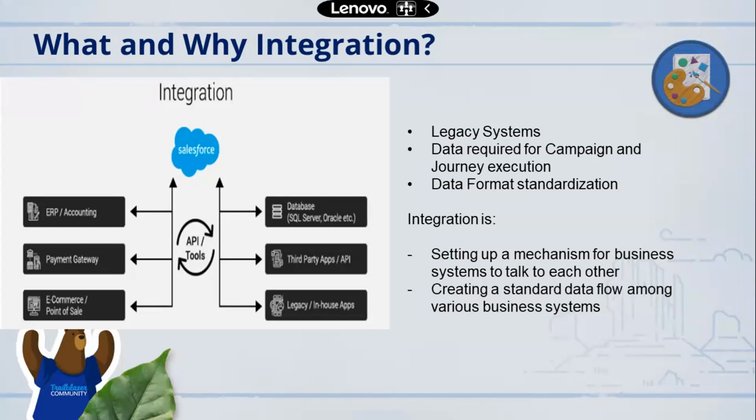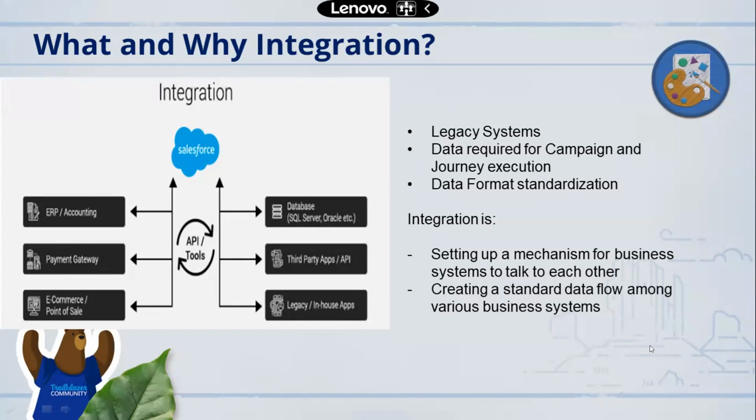Different systems also store data in different formats. Your ERP will have a completely different format compared to your payment gateway, compared to the legacy in-house apps. So you also need standardization once you're getting that data into Marketing Cloud.